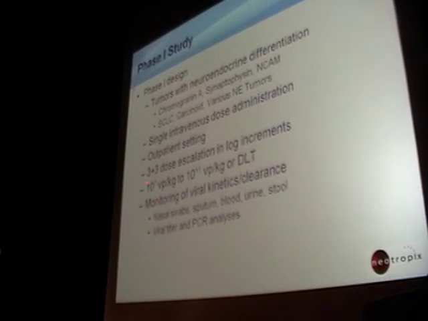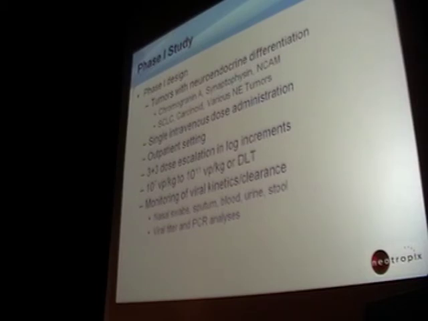We started at a low dose, 10^7 vector particles per kilogram. We wanted to go at least 10,000-fold higher, to 10^11 vector particles per kilogram, or dose-limiting toxicity. We believed that 10^11 vector particles per kilogram would be a dose that would be effective in the majority of the cancers that we were trying to treat.